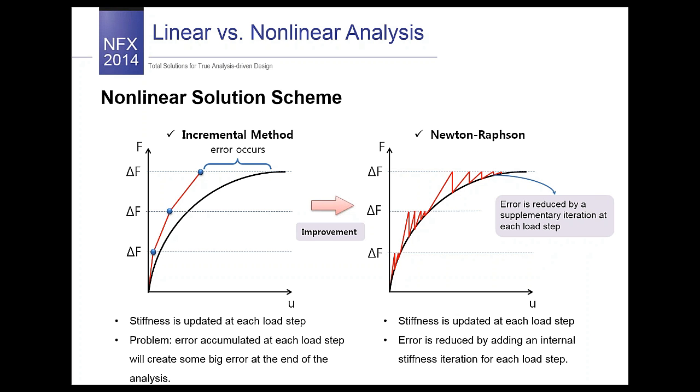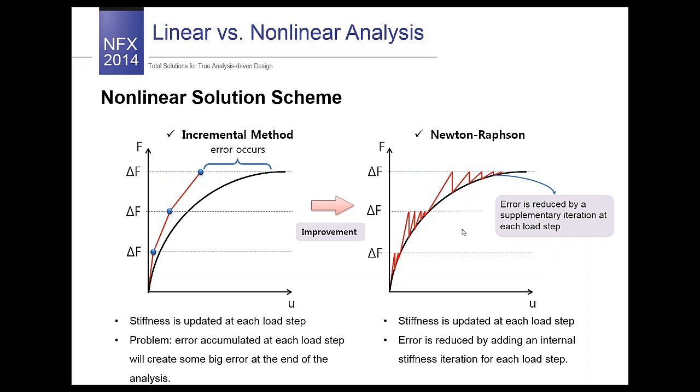So we see that the stiffness of the system is updated at each load step, or we can say at each load increment. And the basic incremental procedure is not very accurate because there is a huge risk that at the end of the analysis the numerical error will be accumulated. And these days the most used FEA solution method is called Newton-Raphson, and this algorithm has been presented on the right side.